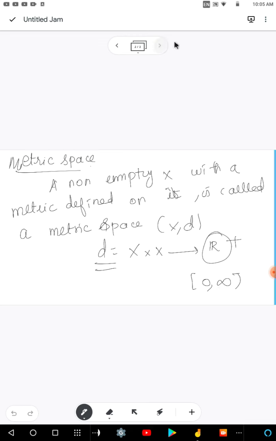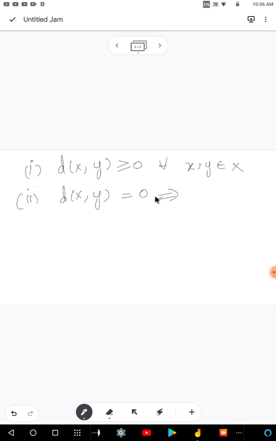Now a metric should satisfy 4 properties. What is the first property? d(x, y) is greater than or equal to 0 for every x, y belongs to X. Second, d(x, y), that is distance, is equal to 0 if and only if x equals y.